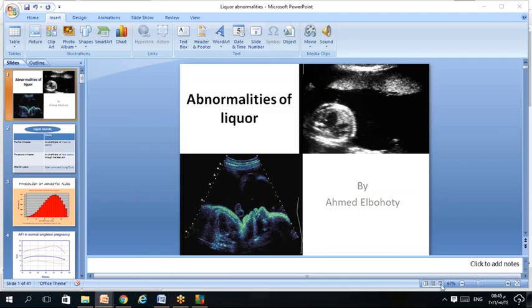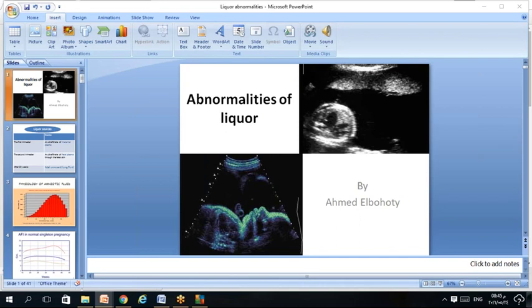Inshallah, today we are trying to cover three topics. Two of them are actually small topics. They will not take much time. Abnormalities of amniotic fluid or liquor and the decreased fetal movement.